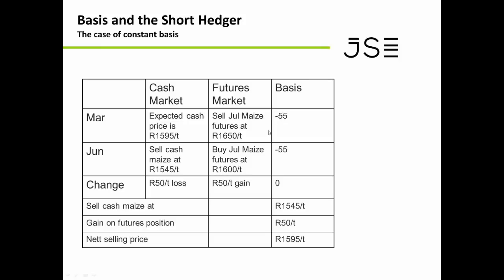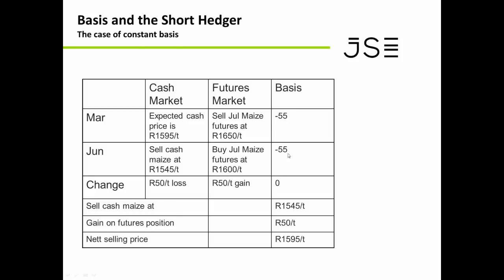So what are we saying? In March, the futures price is at 1650. And because the basis is at 55 under, we can calculate the cash price immediately, because this less the basis will give me the cash price. Right. What is the scenario in June? Now, come June, the futures price moved from 1650 down to 1600.